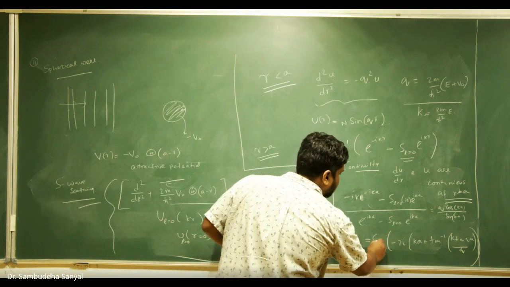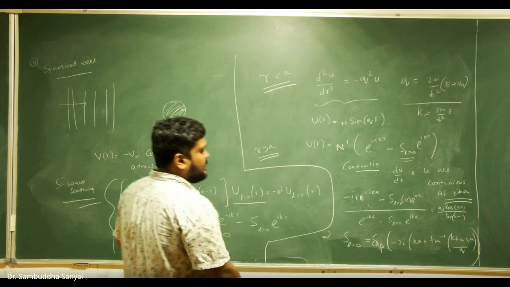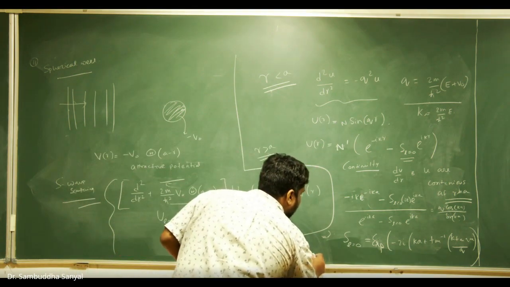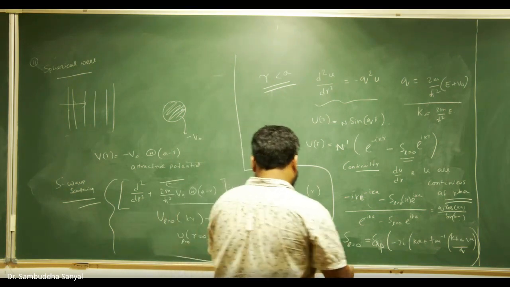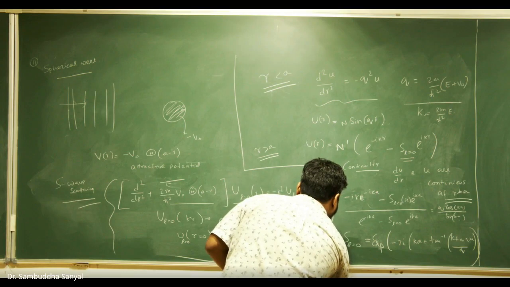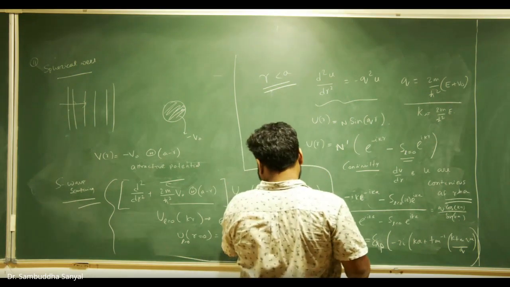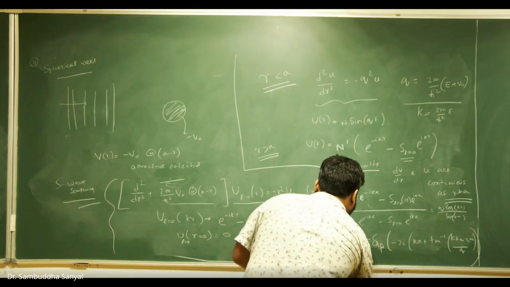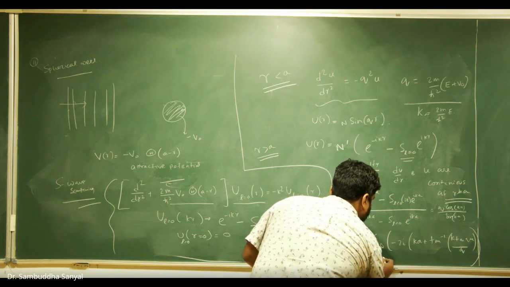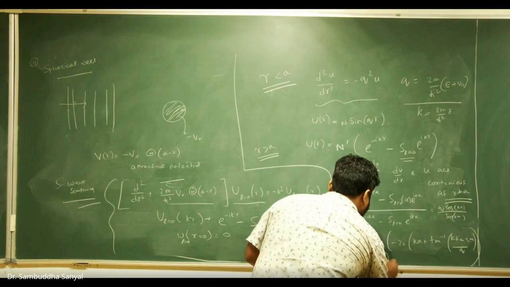Let me write exp is 2 delta L. So delta L is, there is some sign I messed up here, so check that out. I think it will be minus ka plus tan inverse (k tan qa by q).